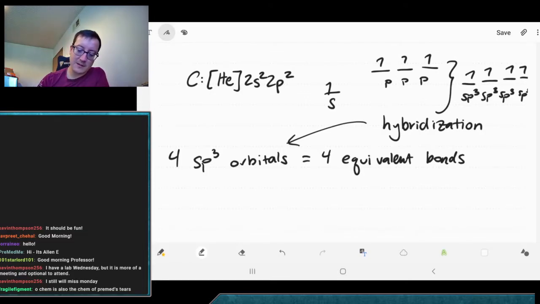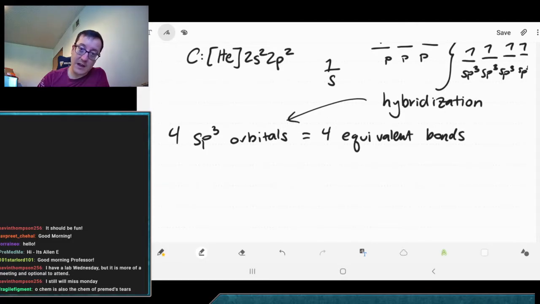And so we're going to see here that we're going to have sp3 hybridization occurring within carbon whenever we have only sigma bonds. All of these will be sigma bonds when we're talking about sp3 hybridized carbon.